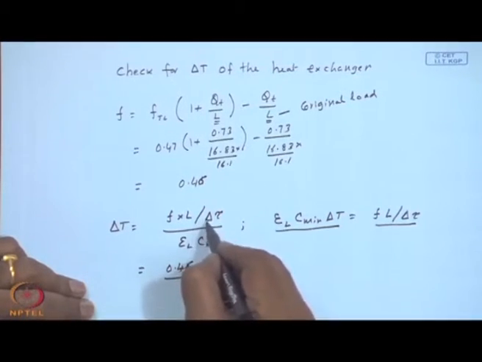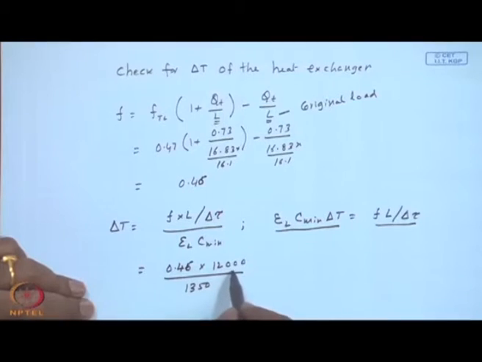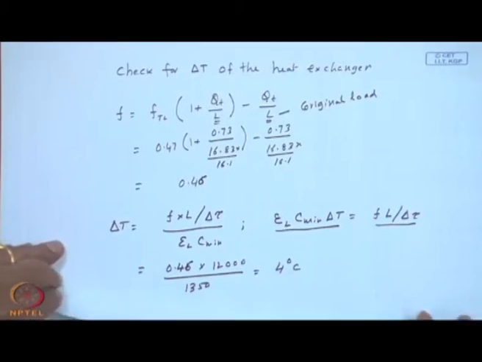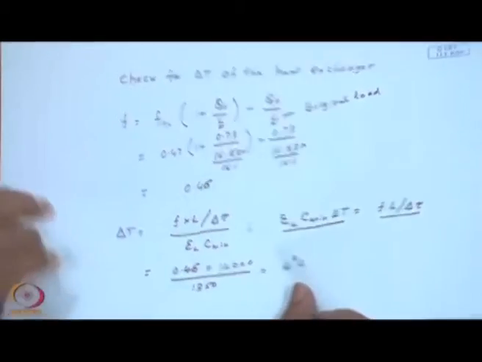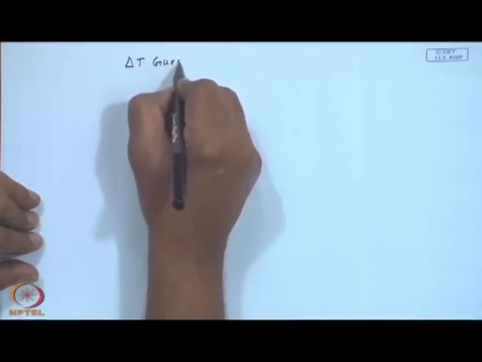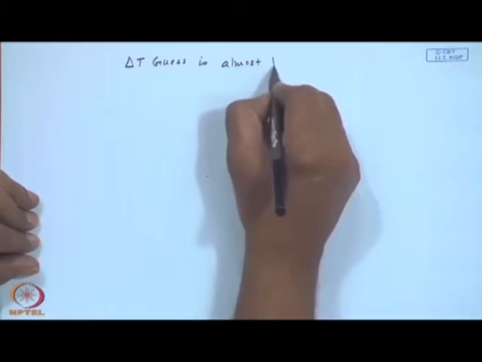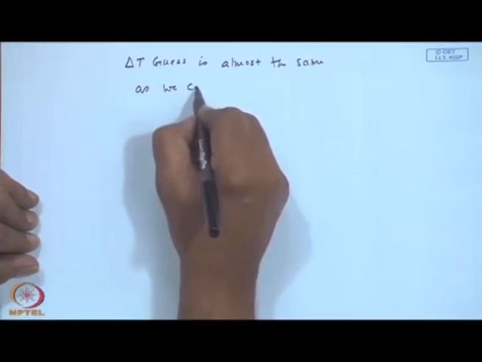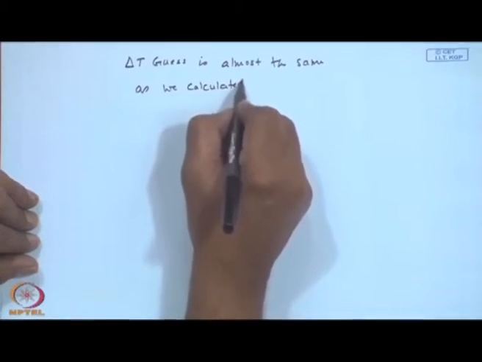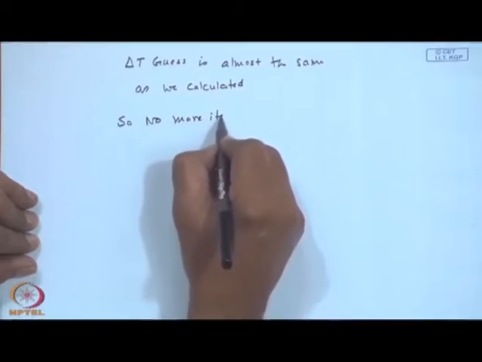I do not have to calculate from 16.1 gigajoules by 24 by 3600 and all that, because the rate is already known to us, which is 4 degrees C. So, delta T is almost at least the same as we calculated. So, no more iterations.